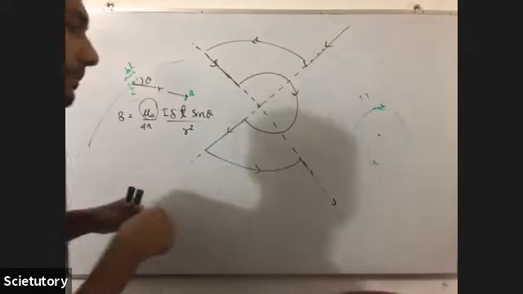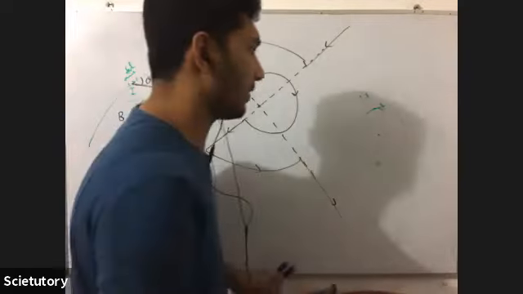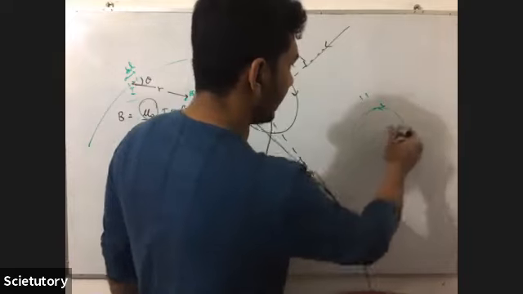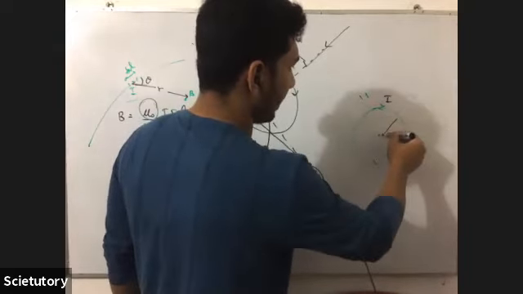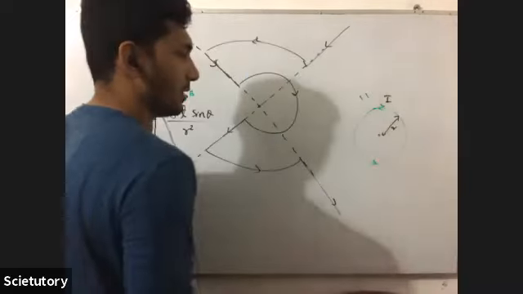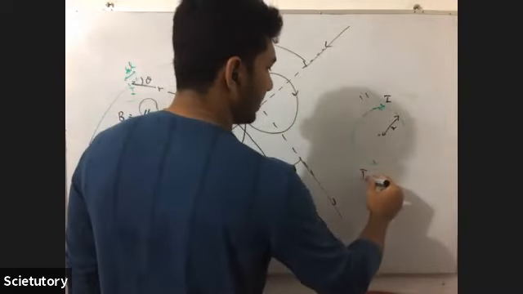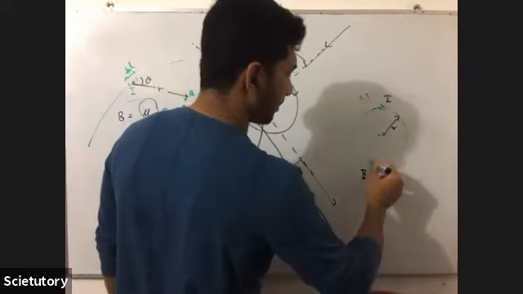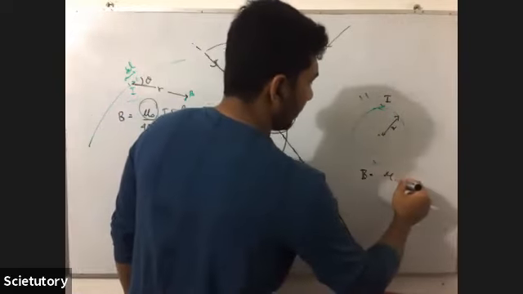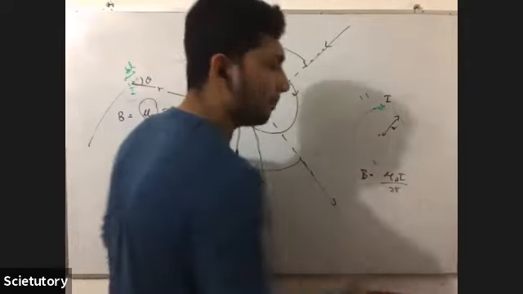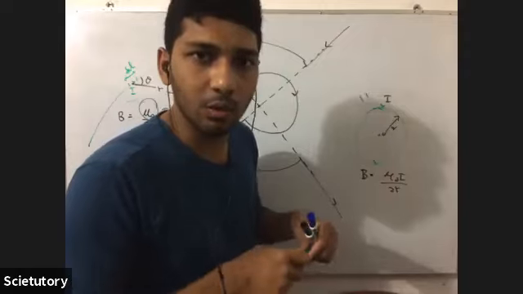We can find the magnetic flux density at the center of that loop. If the current is I and the radius of the loop is R, then B is equal to mu naught I divided by 2R. So this is for a complete circular loop.